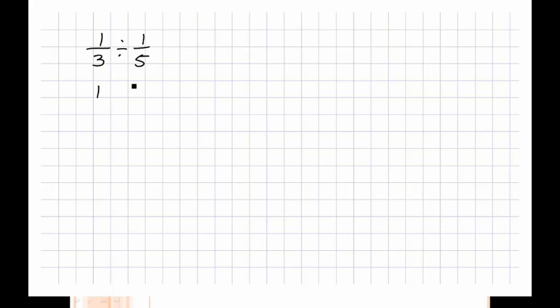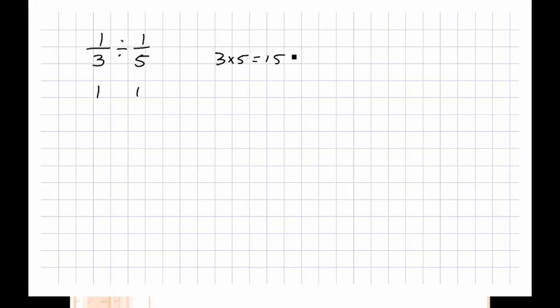If I look at the 1/5, the next whole number that's larger than 1/5 is the number 1. So really, if I'm dividing a unit fraction by a unit fraction, I only need a number line that's 1 unit long. But if we look at those denominators, 3 times 5, that's going to give me 15.